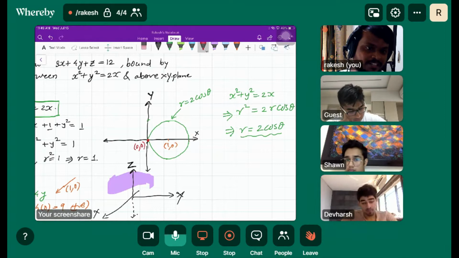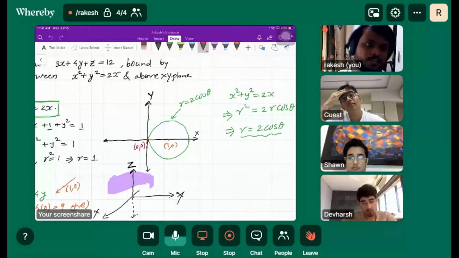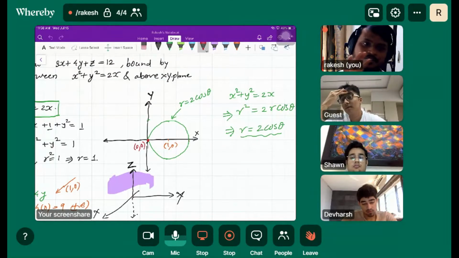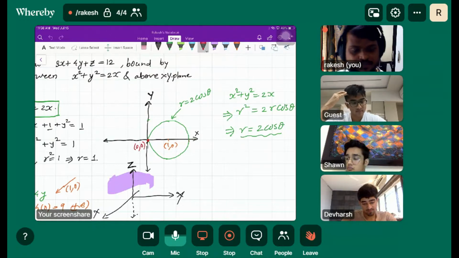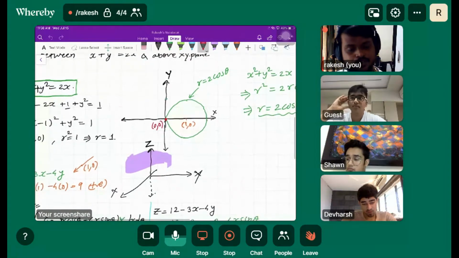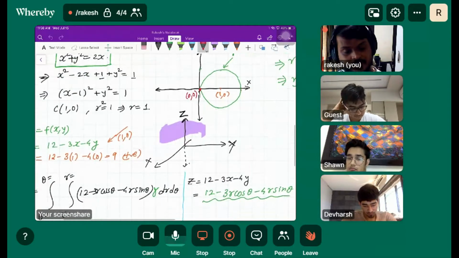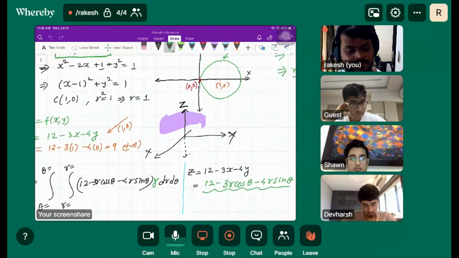Am I already inside the region if I am on the origin? We are on the periphery, at the border. We are about to enter the region. So that is basically the lower limit. So what is my lower limit then? R is equal to 0.